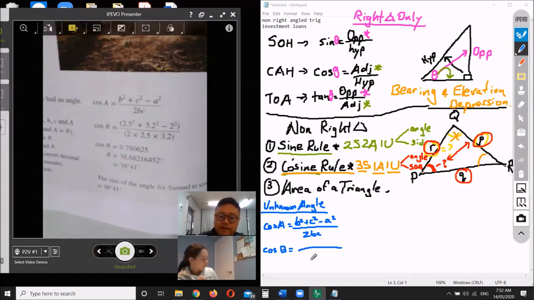Just following the same pattern. A squared plus C squared minus B squared, and then it'll be 2AC. Good. Right.